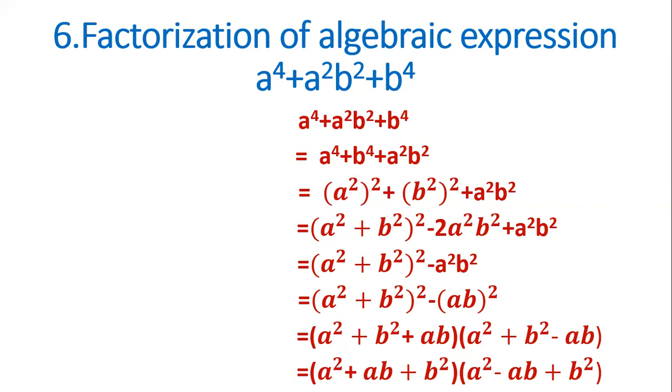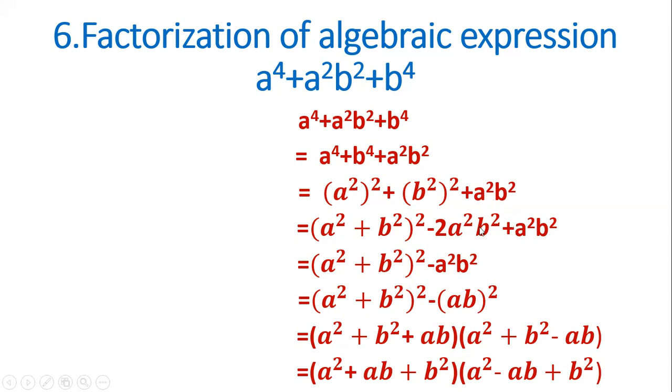So a to the power 4 can be further written as square of a square, because 2 times 2 is 4. B to the power 4 further can be written as square of b square, because 2 times 2 is 4, and this is as it is written. So a square plus b square formula you can apply, a plus b whole square minus 2ab, and this as it is written.